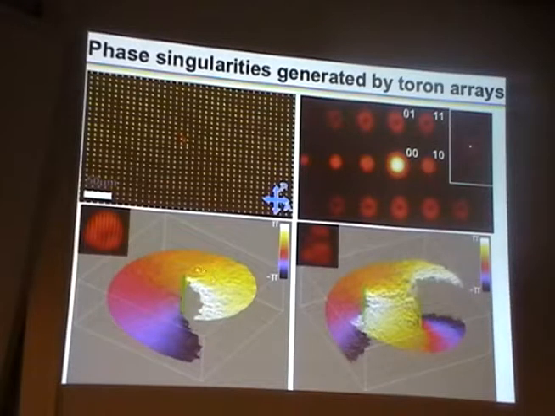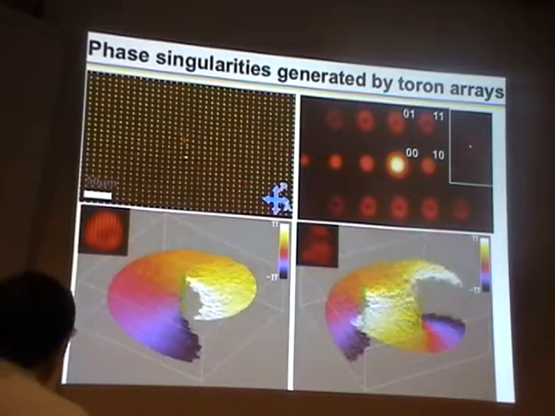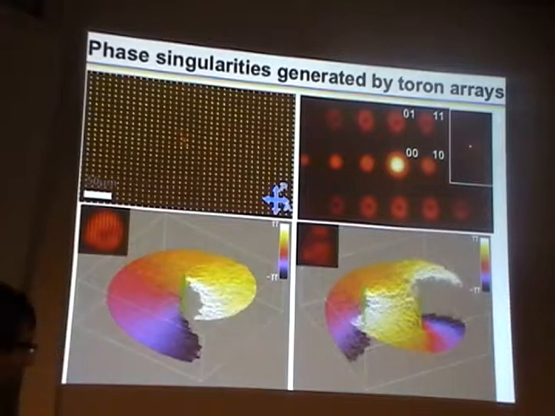Right, so we have phase singularities, that means we have optical vortices that are generated by arrays of topological defects with a dislocation in the array.